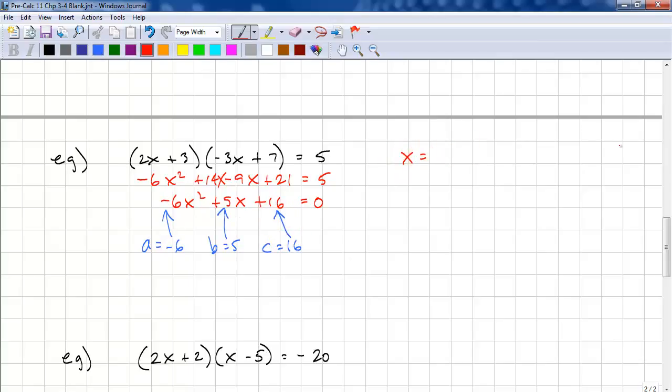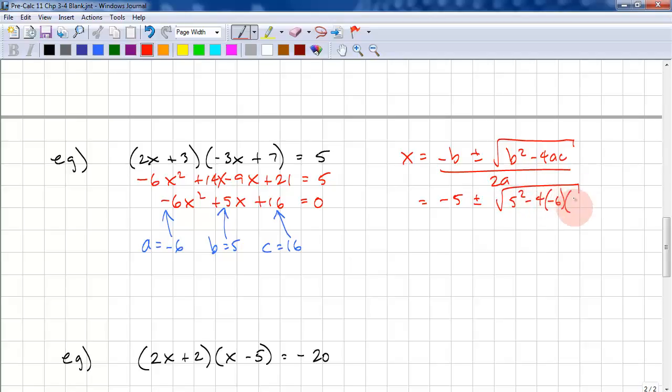x equals minus b plus or minus square root b squared minus 4ac all over 2a. Minus b, that's minus 5, plus or minus b squared, 5 squared, minus 4, minus 6, 16, all over 2 times -6.